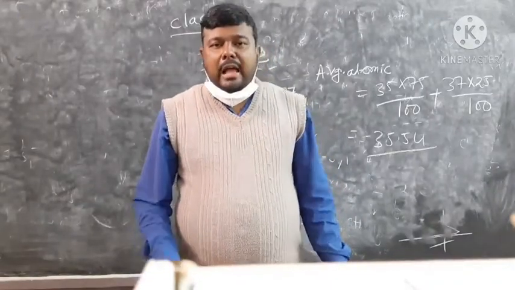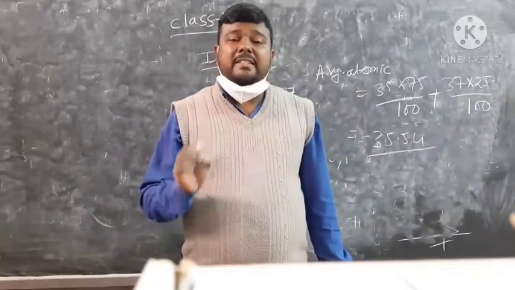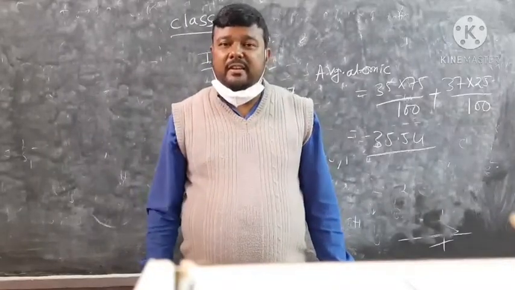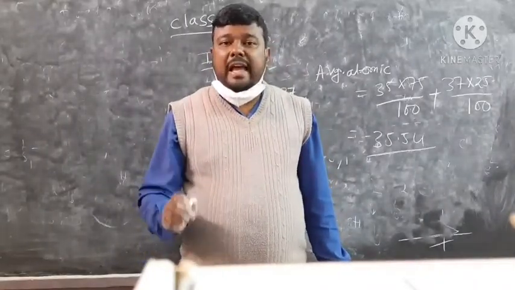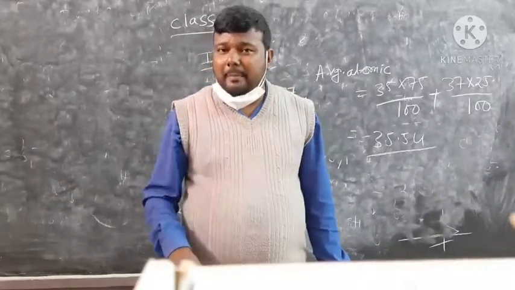Now, another point to be noted here: isotopes are chemically similar. The question is why isotopes are chemically similar. Isotopes are the atoms of the same element which have the same atomic number.